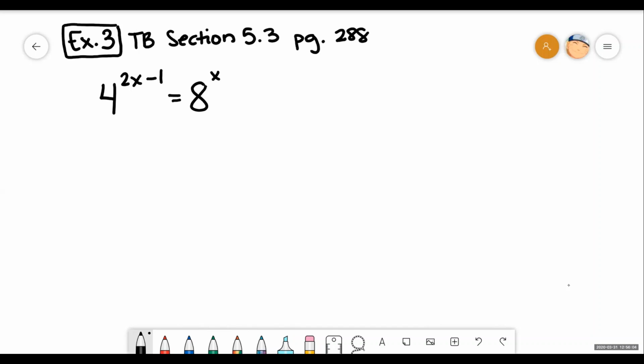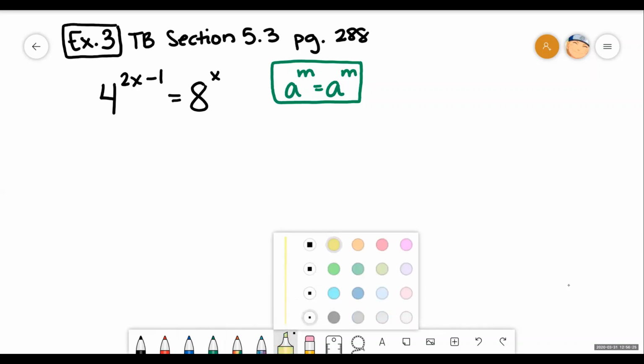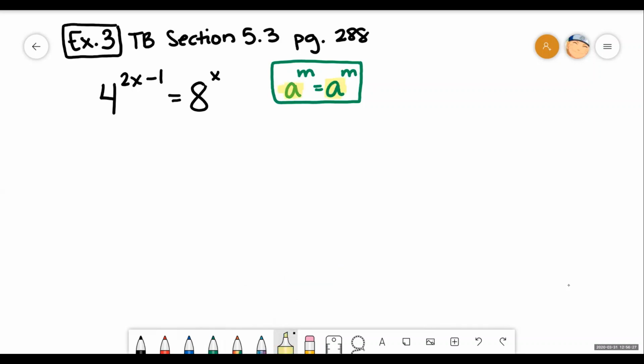Okay. So once again, we've run into a problem because we need the bases to be the same so that we can set the exponents to be the same. So we're looking for that, again, so that our base values are the same or equal.